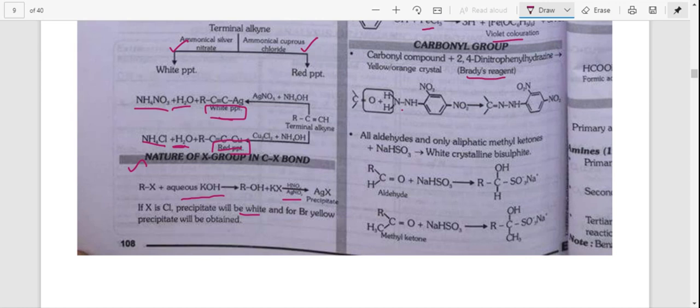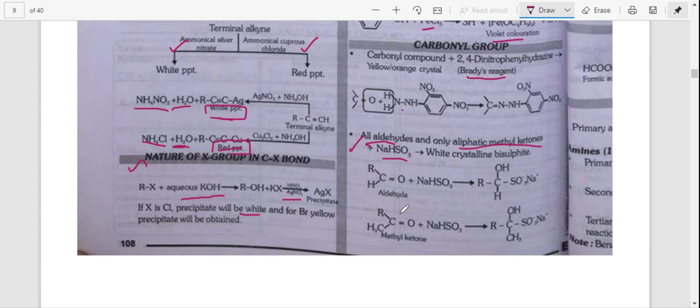All aldehydes and only aliphatic methyl ketones plus NaHSO3 give white crystalline bisulfite. So this is also an important point. All aldehydes, there is no exception, and only aliphatic methyl ketones. So methyl ketones should be there, and when reacted with sodium bisulfite, it will give white crystalline bisulfite.